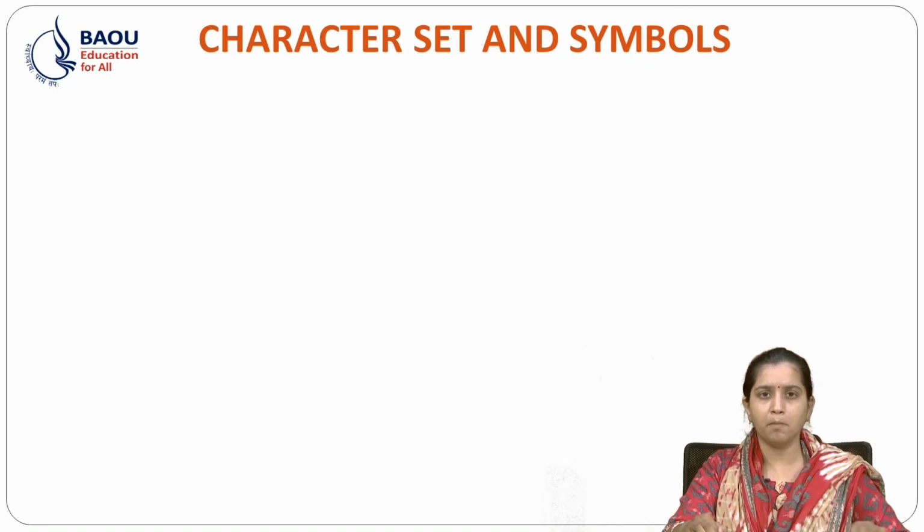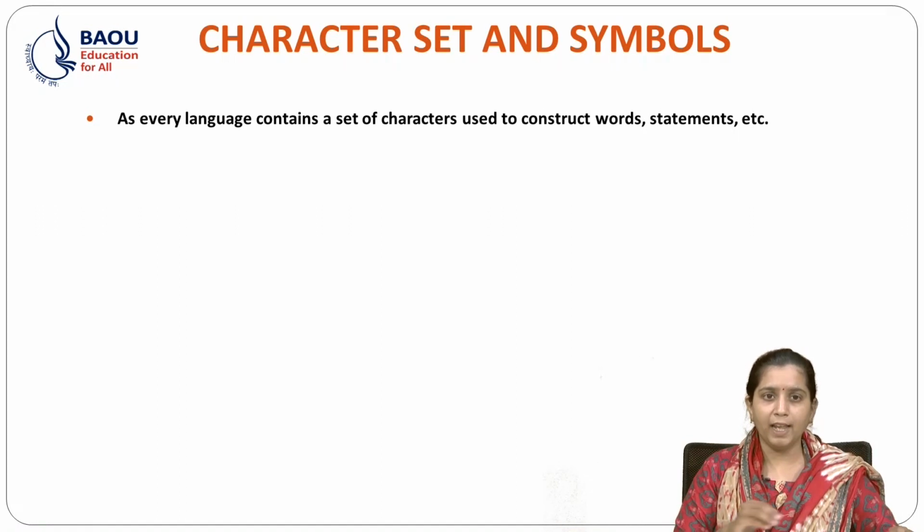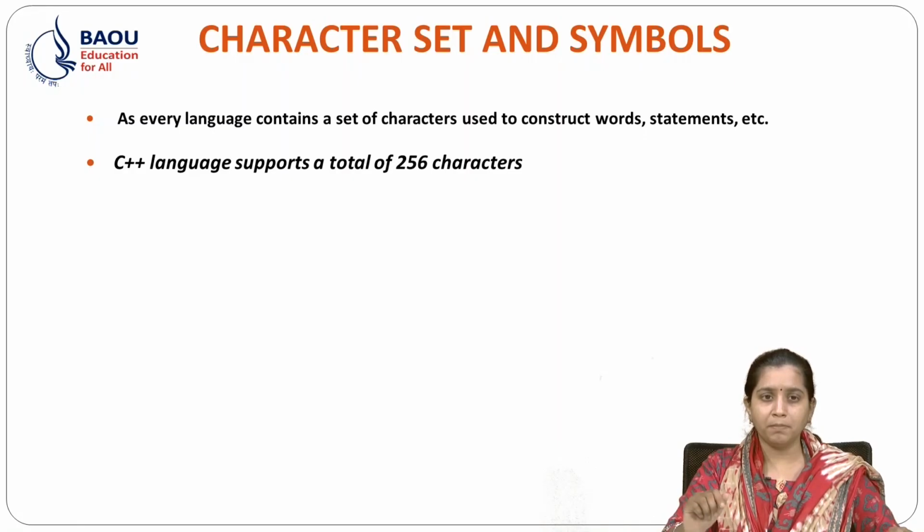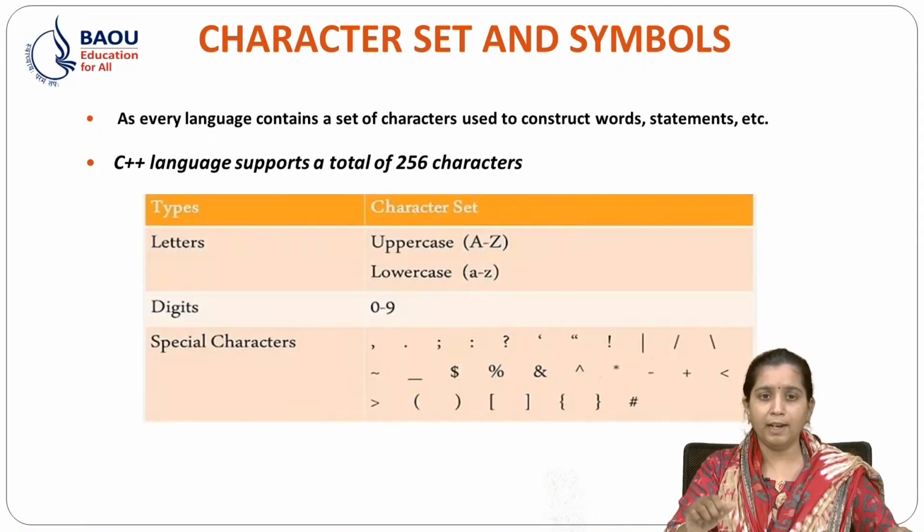Character sets and symbols. As every language contains a set of characters used to construct words or statements, etc., C++ language supports a total of 256 characters: letters, digits and special characters.